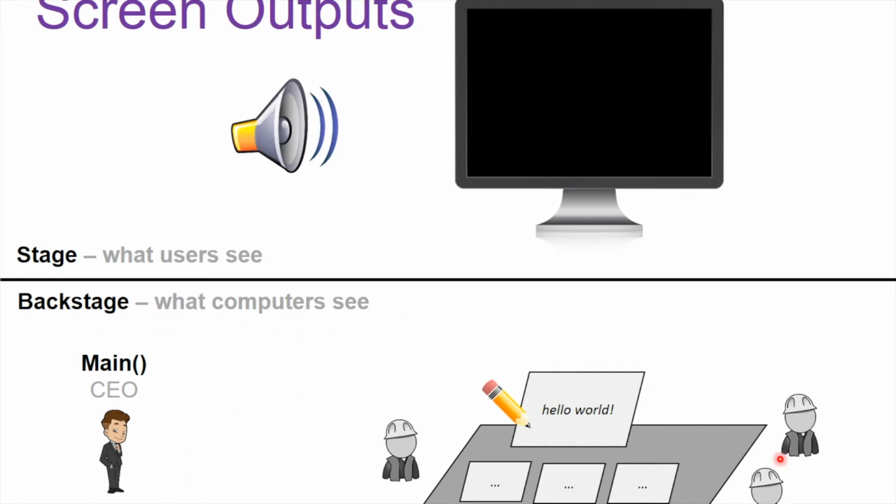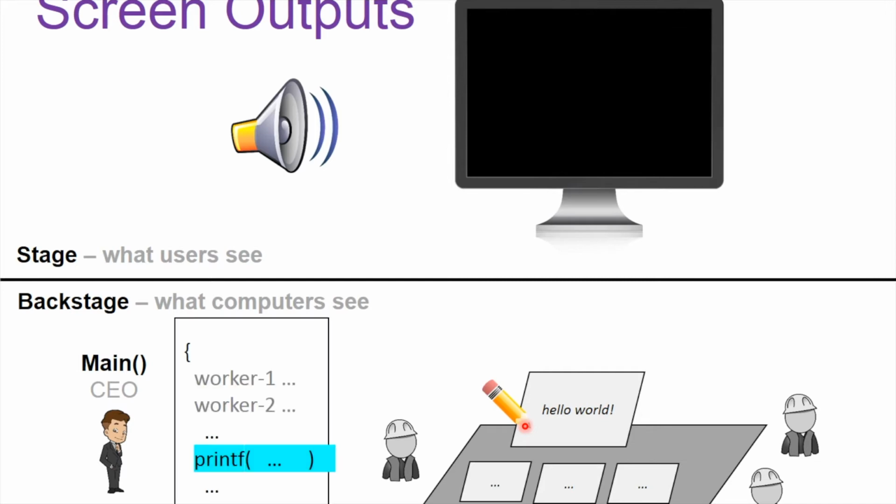You have a workspace with a lot of cards, and you have a main function as the CEO, supervising the things going on there. Once the CEO calls the printf worker, who has already signed a contract, the worker will copy the content of a card to the screen like this.